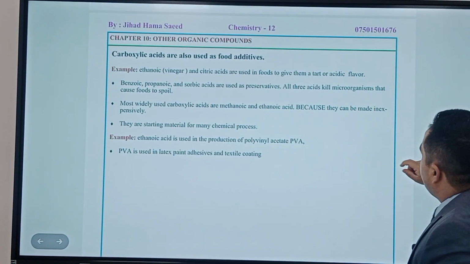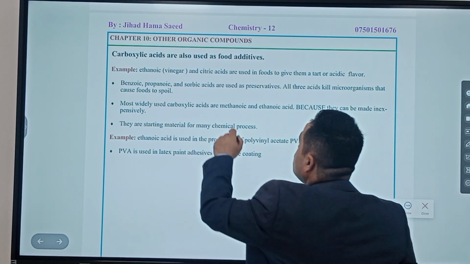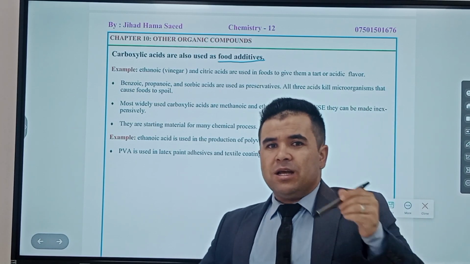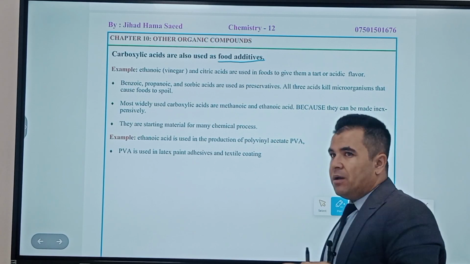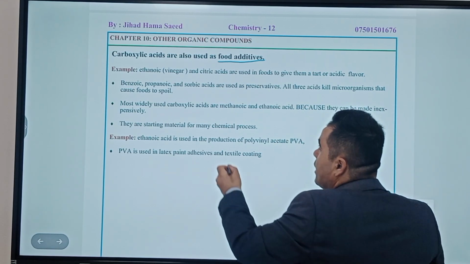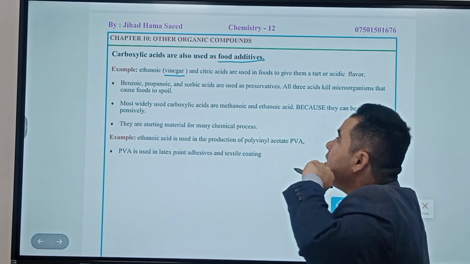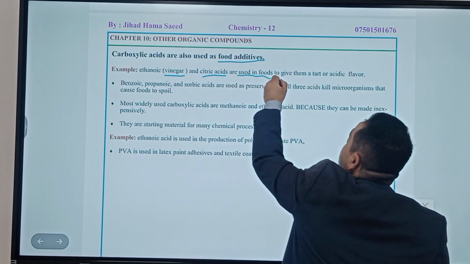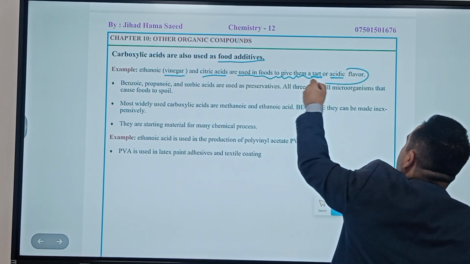More properties of the carboxylic acids, guys. Carboxylic acids are also used as food additives, as a flavoring agent. Ethanoic acid, which is acetic acid, is used in vinegar, and citric acid is used in foods to give them a tart or acidic flavor.